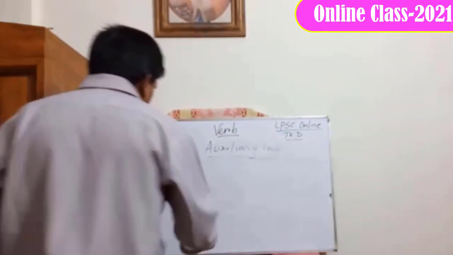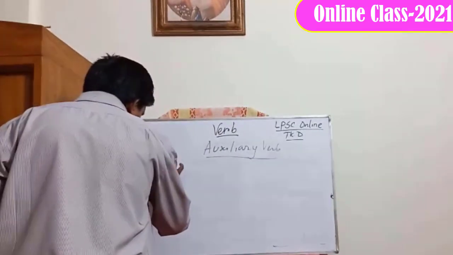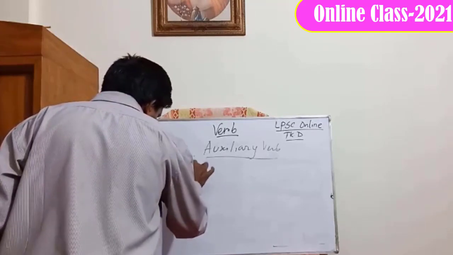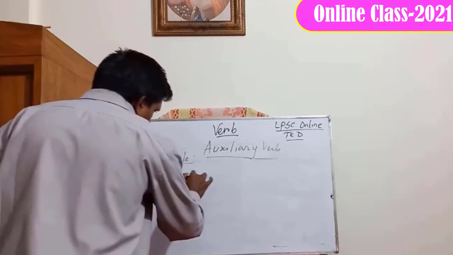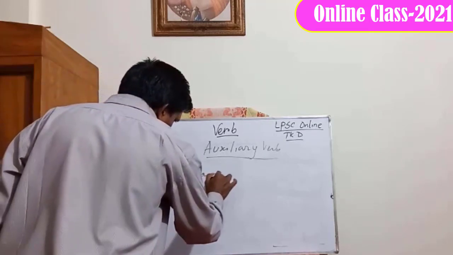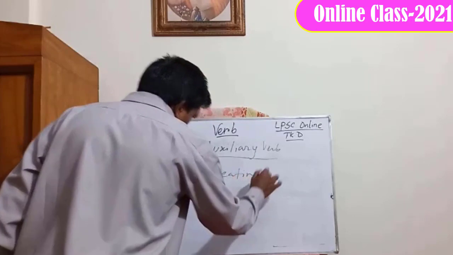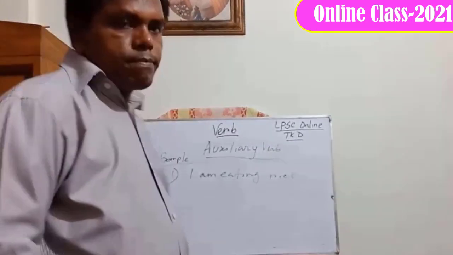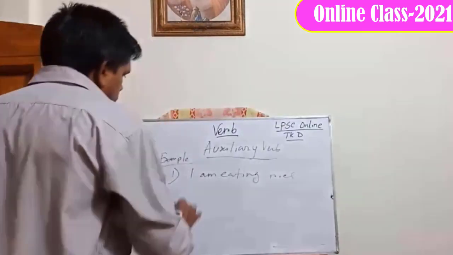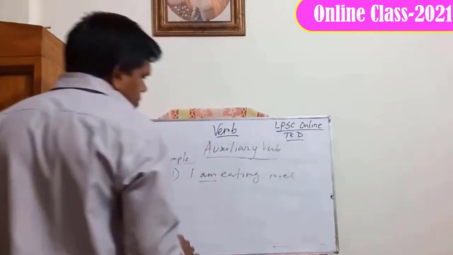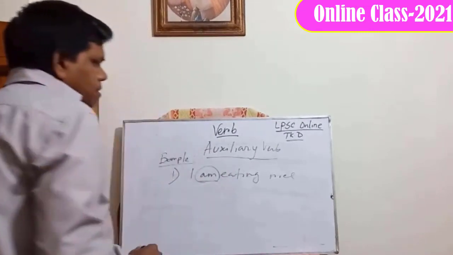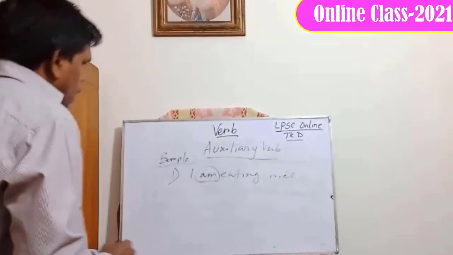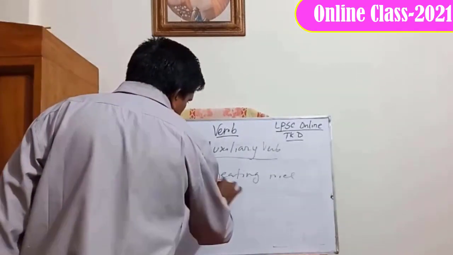Look, suppose, I am eating rice. Here am is an auxiliary verb, and it has no meaning of its own.